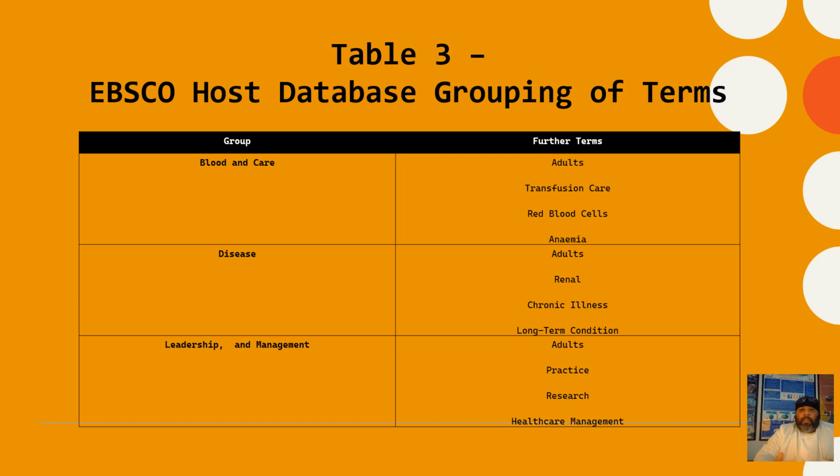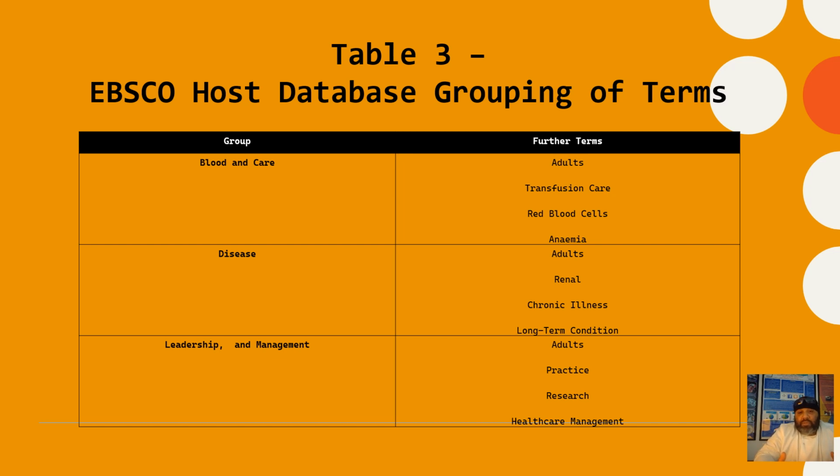Okay, and so table 3, and I'm going to describe what was done with the EBSCO host database grouping of terms or terminologies. The terminologies were a little bit different, but still encompassed the same sort of remit in relating to the PubMed database.